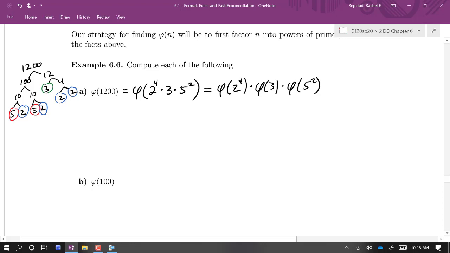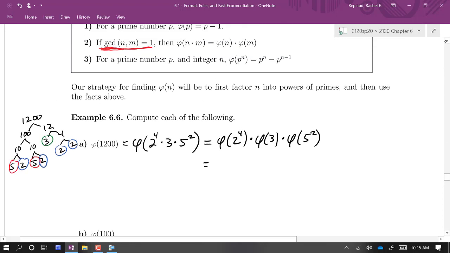Now, each of these individual calculations now are covered by the three properties. So I've got this first one is phi of a prime power. Well, item 3 here, this third property says that phi of p to the n is p to the n minus p raised to the n minus 1.